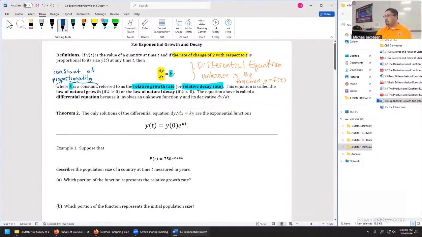Notice that k comes up again when we find the solution to the underlying differential equation. So we have two interesting values. K, the constant of proportionality, or I'll just call it a growth rate or a decay rate. Relative is an important word there, so I'll try to remind myself to say that as well. But there's another interesting quantity, this y at 0.